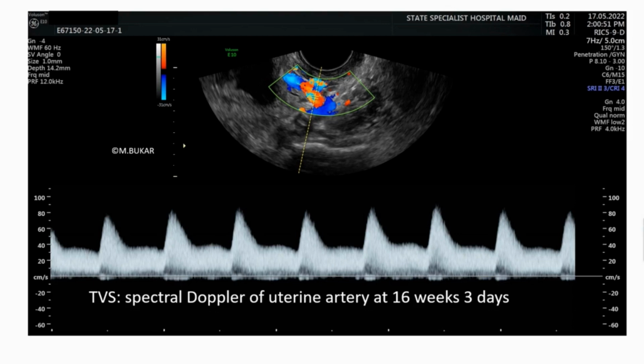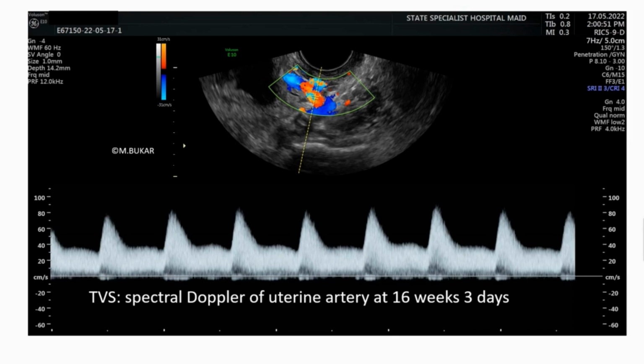Generally, bilateral notches are seen in 50% of normal pregnancies in the first trimester. When notches are deep, they are more significant. Persistent notches are more significant than intermittent notches.